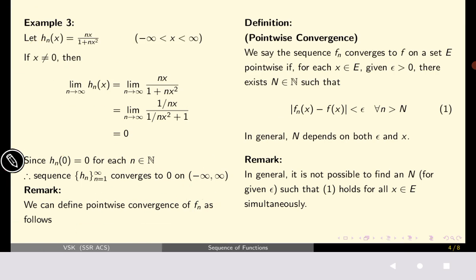By these two examples, we can now define pointwise convergence of fn as follows. This is, we can say, a second definition, which is equivalent to the first one.